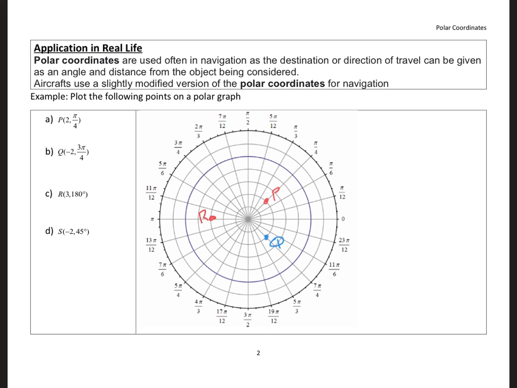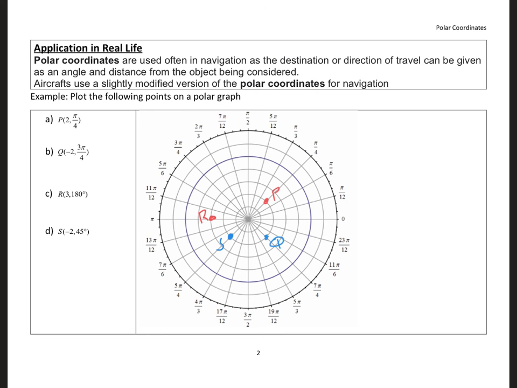So it's like the opposite of the first one. Let me make sure I'm on the correct spot. So 45 opposite. Okay, so right there, and that is point S.